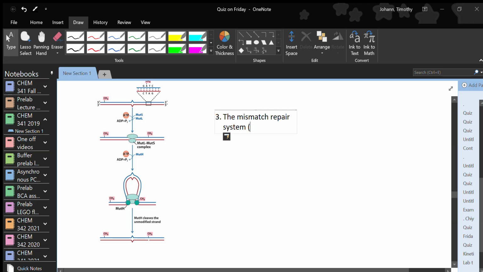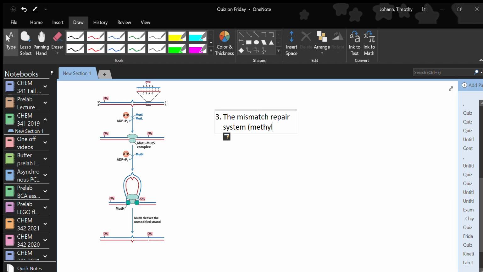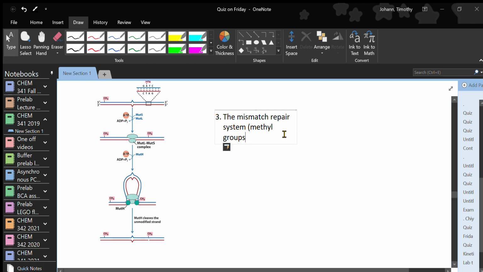This is what the methyl groups with methylated DNA was on your quiz. Remember methyl groups, that we learned about earlier.